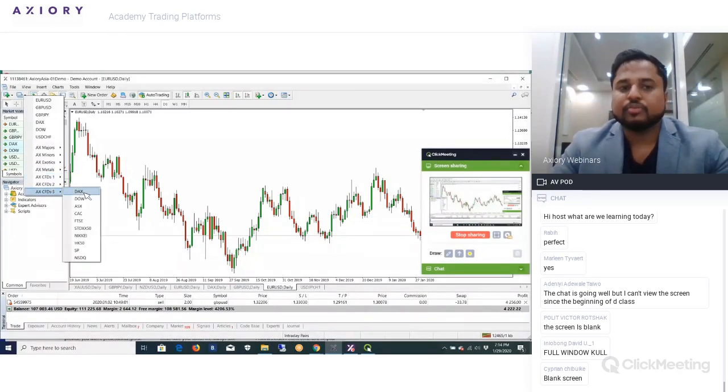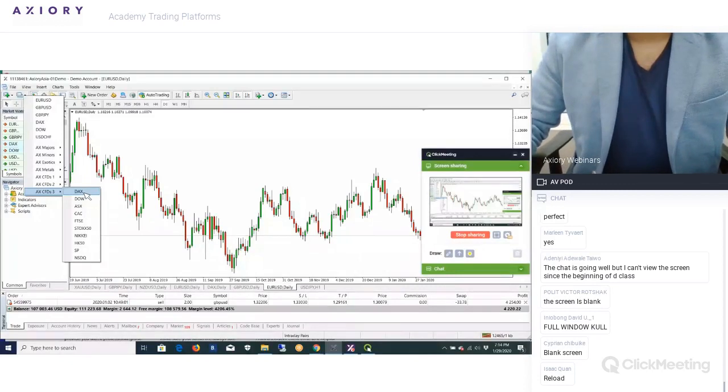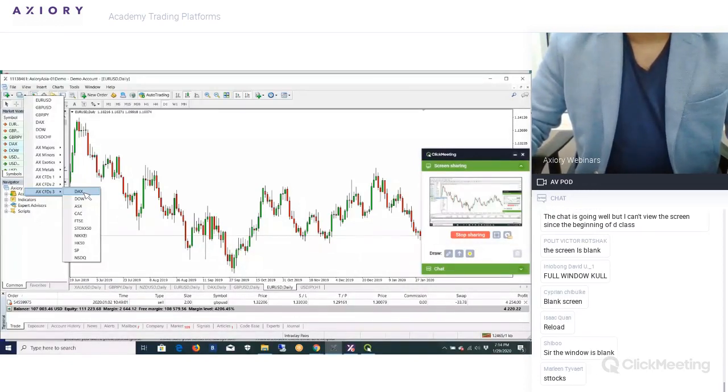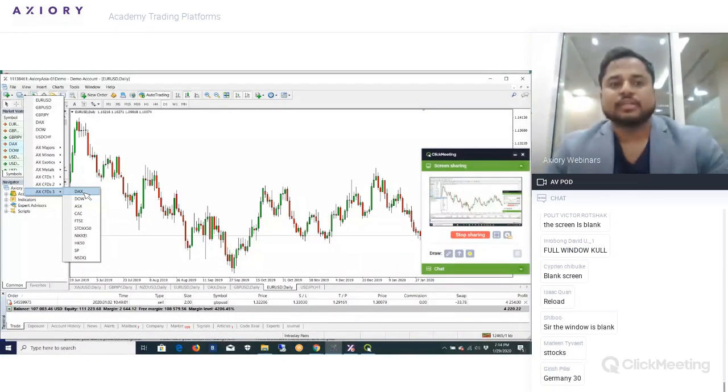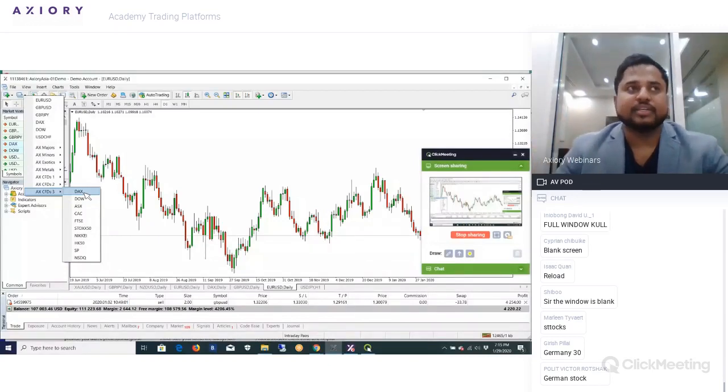DAX. You know what is DAX? DAX is an index of Germany, D30. In some brokers, it is called D30. You know what is Dow Jones?